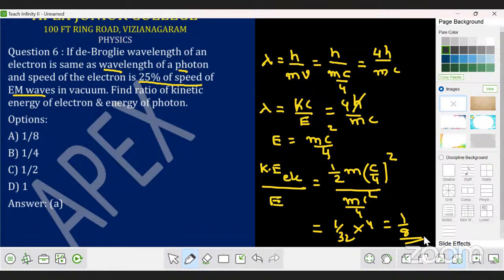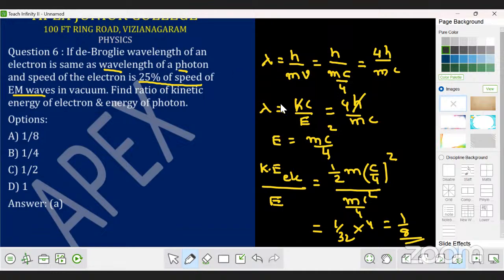Simply, if you understand each and every point in the question given, easily you can solve that. What was given? De Broglie wavelength of electron and photon wavelength, both are same. First we calculated de Broglie wavelength. De Broglie wavelength is h by mv, but velocity of that electron is given as 1 by 4th of speed of light. That was given in terms of 25% of speed of EM waves.